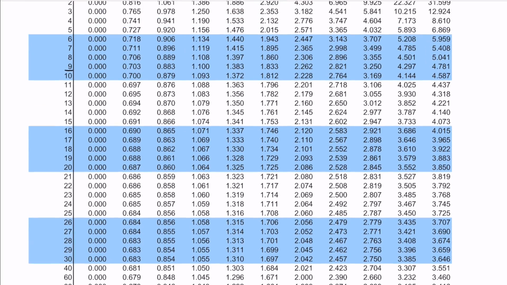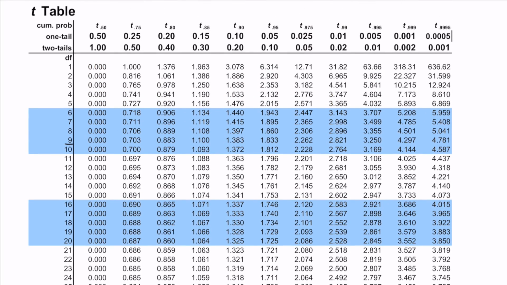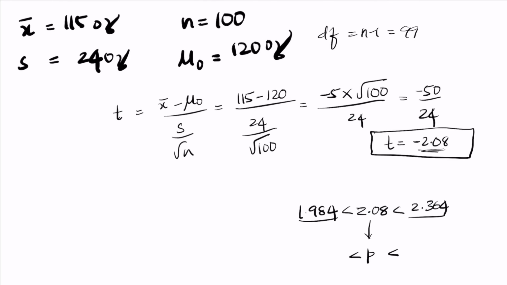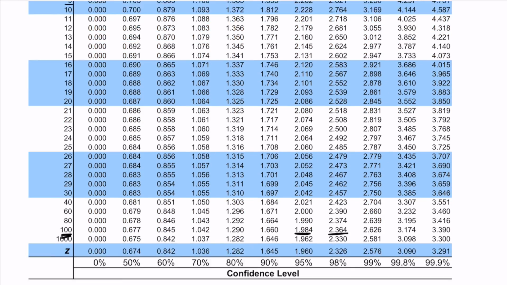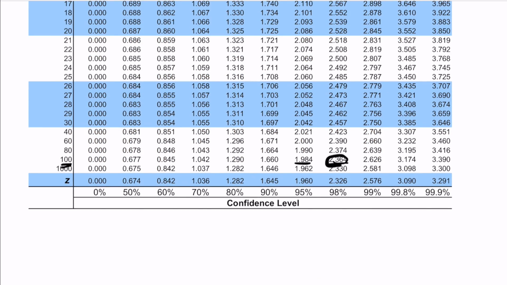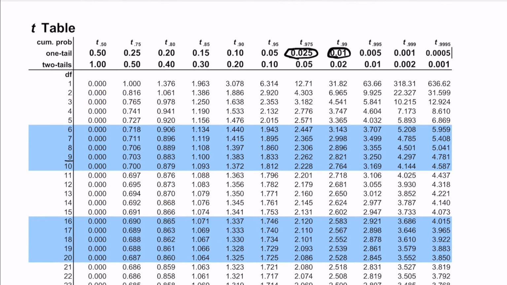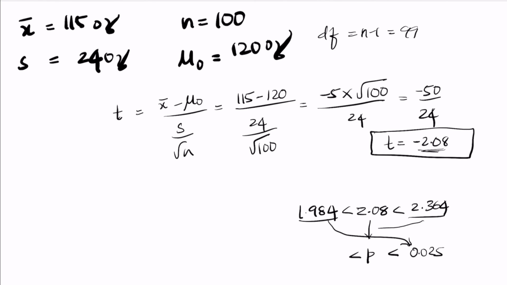For 1.984, the probability in a one-tailed test is 0.025. So write down that value on the other side. And for 2.364, the probability in one tail is 0.01. So write it down on the other side.